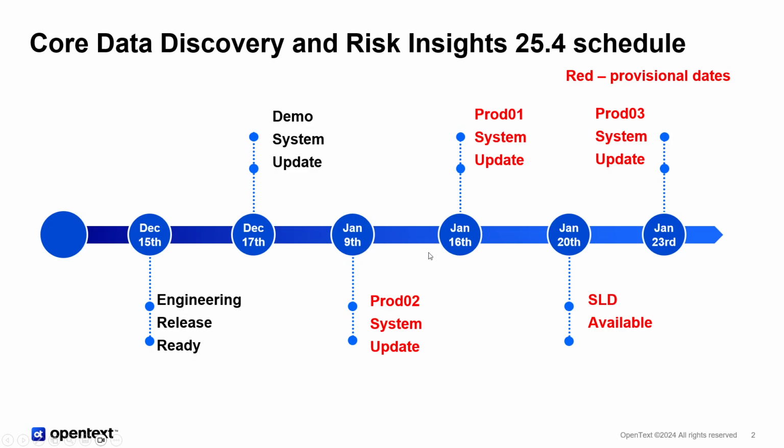These are our provisional dates of when it will be available, both for the production system updates, which are our SaaS solutions, and when it will be available on the portal for on-premise or self-hosted customers to download.